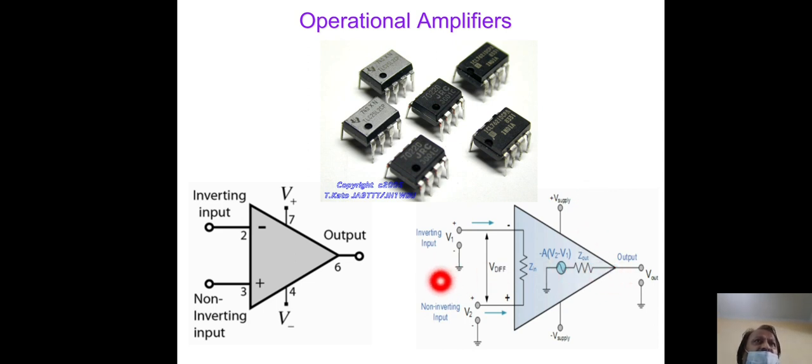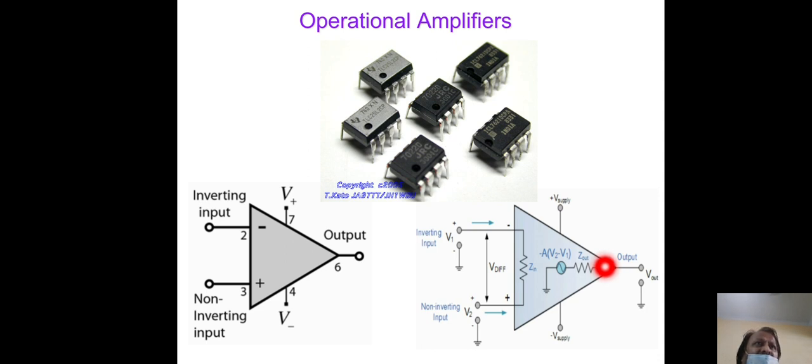These two supplies, V positive and V negative, are always assumed as shown. The input resistance is connected in parallel, so it is very high, and the output resistance is connected in series, so the output impedance is very low.